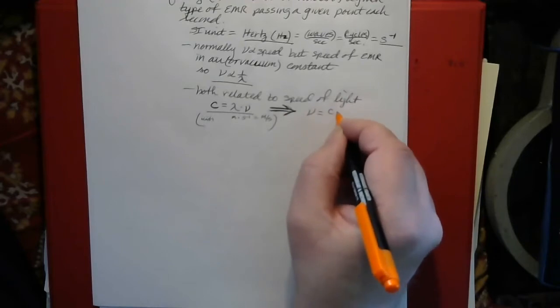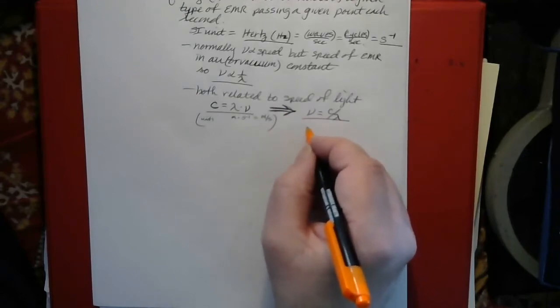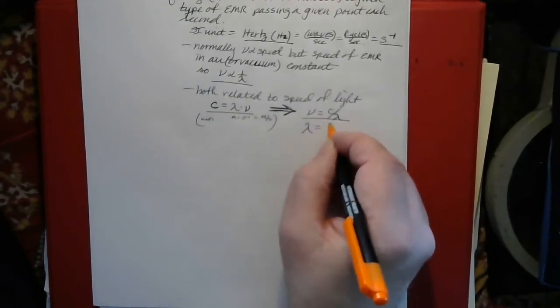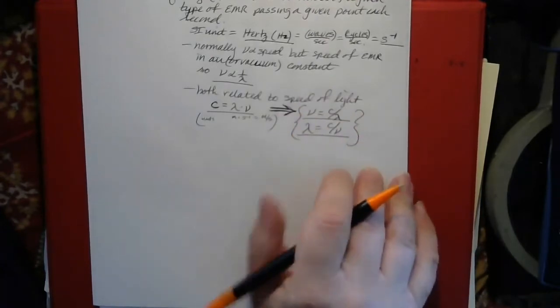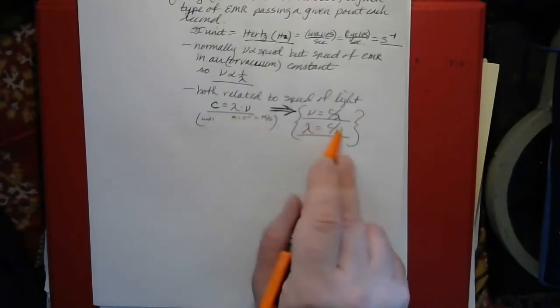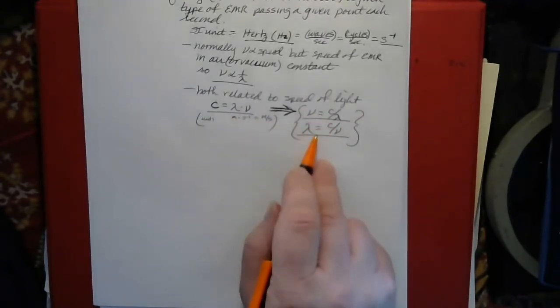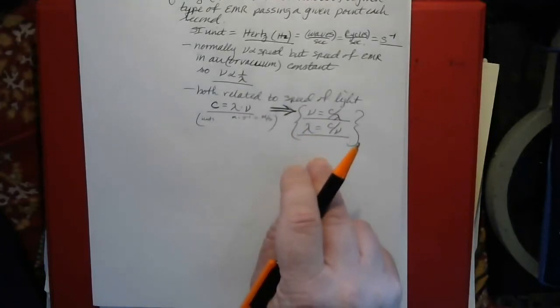Frequency would be speed of light divided by wavelength. And it's also equally true that wavelength is speed of light divided by frequency. And so those two rearranged versions of this equation are actually used quite often in the field of electromagnetic radiation, because quite often you'll know the wavelength of something, like a given color of light.